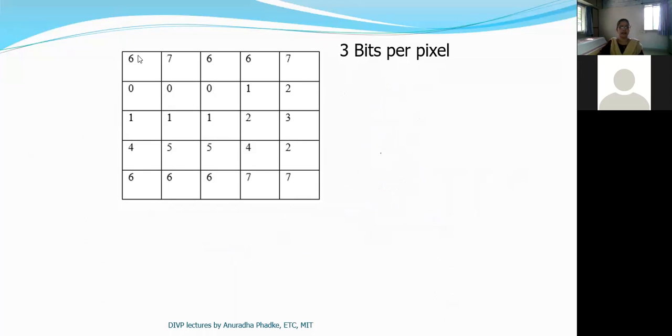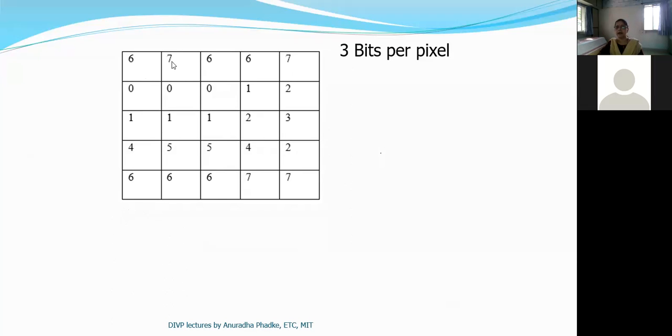Okay, so in this image, your very first pixel is 6. We can represent 6 by 110, right? We can represent 7 by 111. So in order to perform bit plane slicing, first represent all the pixels in binary form and then collect most significant bits of all pixels to get the most significant bit plane.